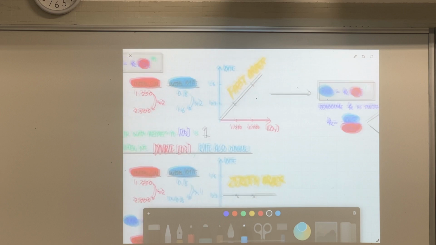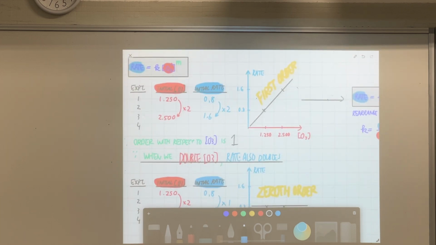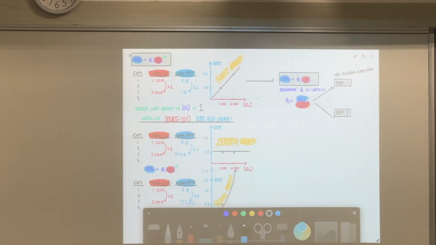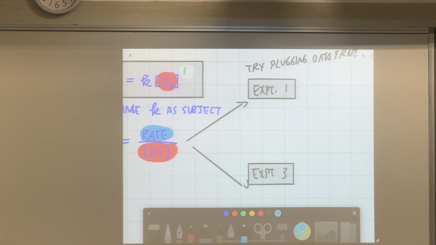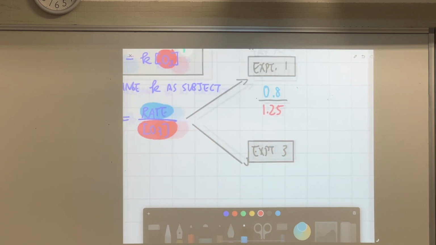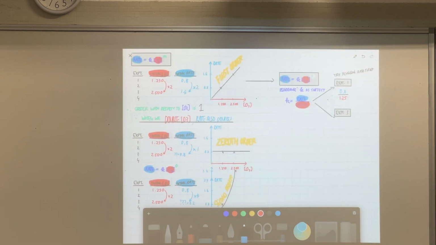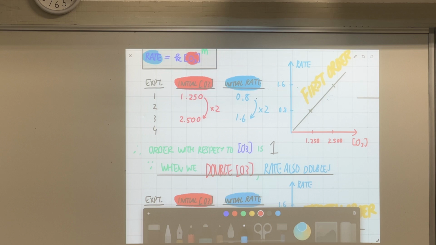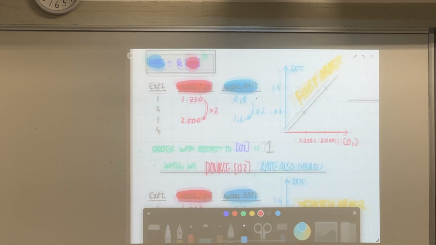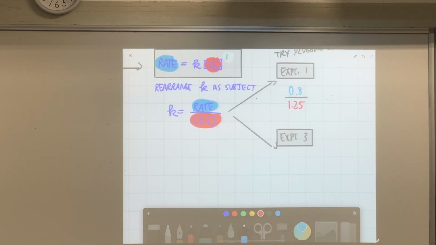What is the rate for experiment 1? 0.8. Okay, so can you do 0.8 over 1.25? Yeah, and that will give a number. Let's calculate later. What about when you, let's say you have a change of mind, you want to use experiment 3. What is 1.6 divided by 2.5? Is the value different or the same? It's the same.